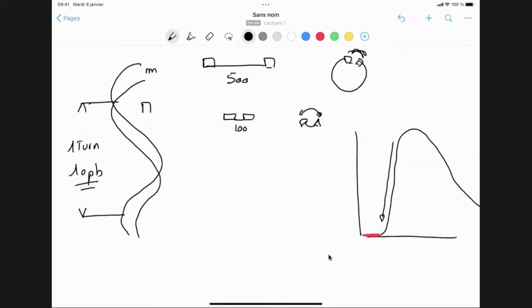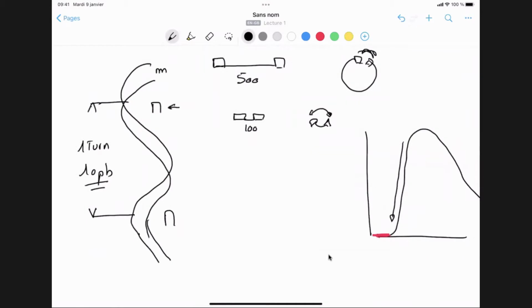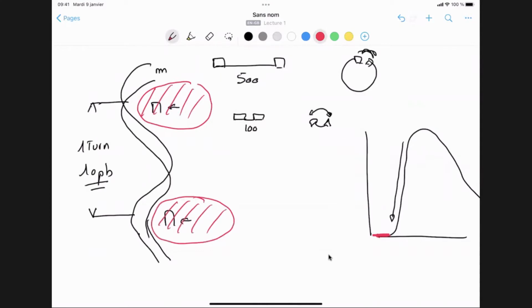So it means that the major grooves, this one and this one, are going to be on the same face of DNA every multiple of 10, every turn. And what's happening is that most of the proteins interact with DNA, interact with the major groove.